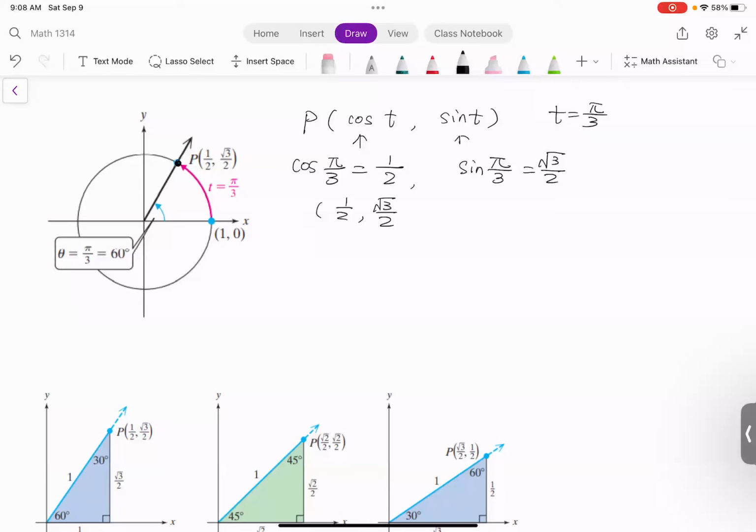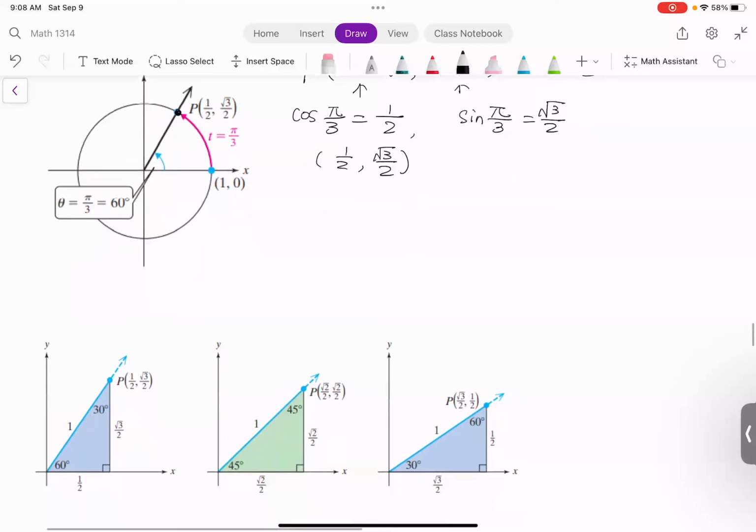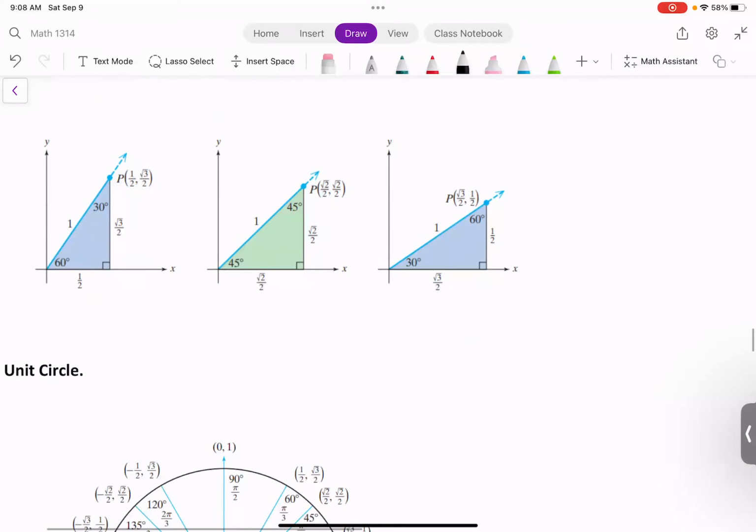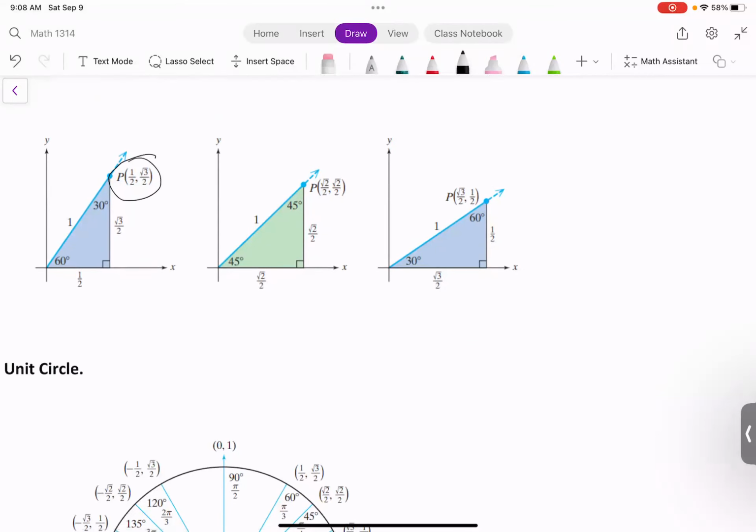So if I have an angle, I can find the coordinates of the point P. How about the other values? I found the first point P because this angle is 60 degrees, which also means pi over 3. How about 45 degrees? This angle is pi over 4. Can you find the point here? Yes, the first value is cosine pi over 4, cosine 45 degrees, which is square root 2 over 2.